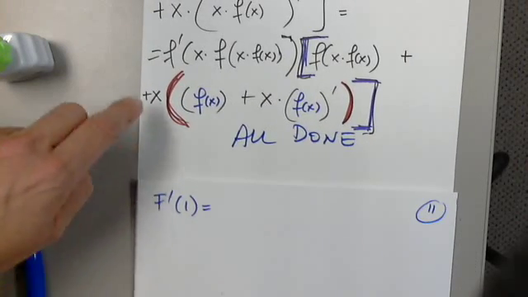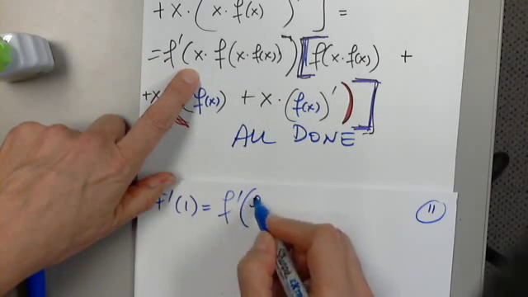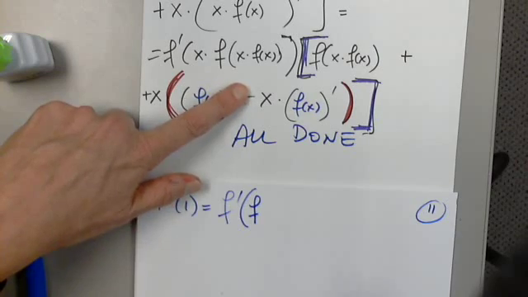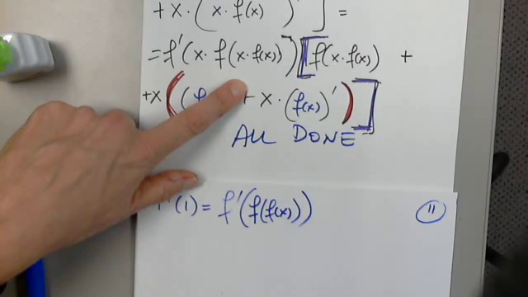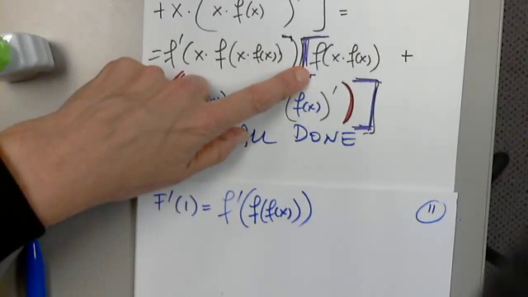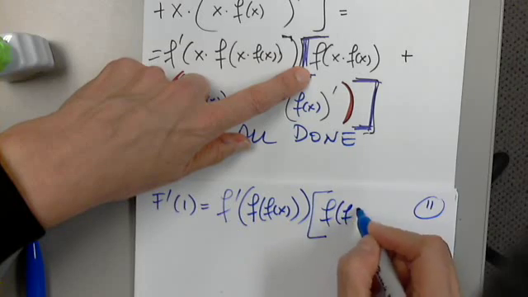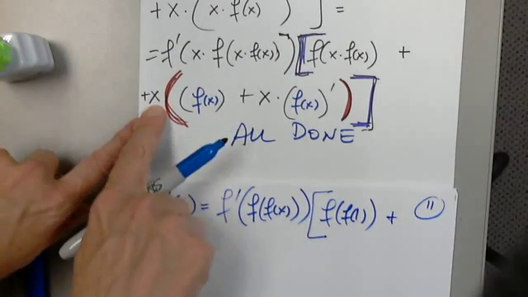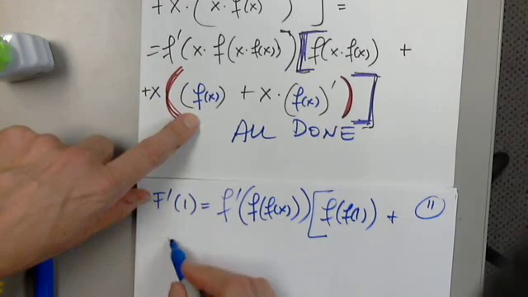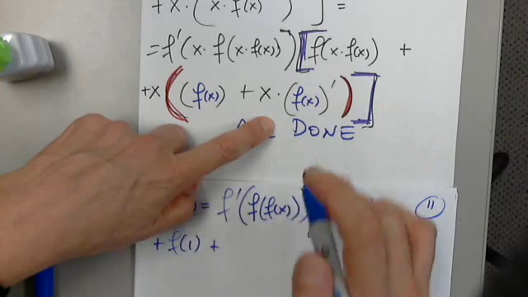Okay, ready? So f prime, 1 times this, so times f of 1 times this. Here, bracket f of 1, plus, there's no point in writing this, it's 1, plus f of 1, plus 1 times f prime of 1.